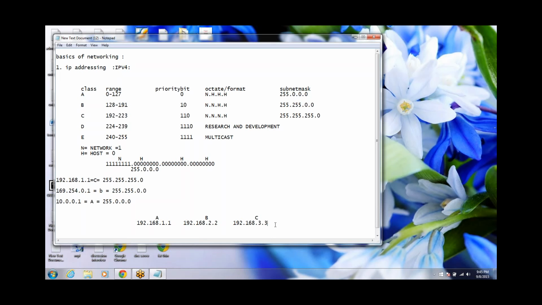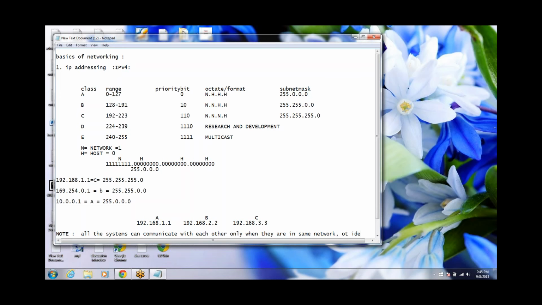The thing is, all the systems can communicate with each other only when they are in the same network. Note: all the systems can communicate with each other only when they are in the same network.